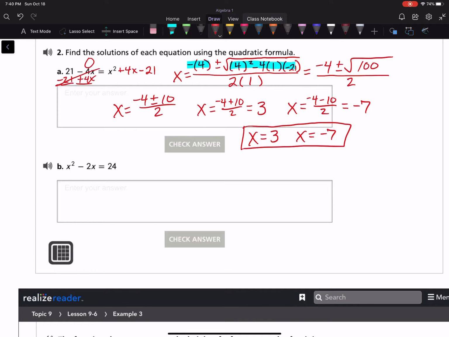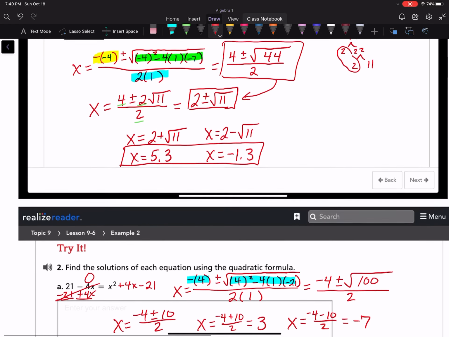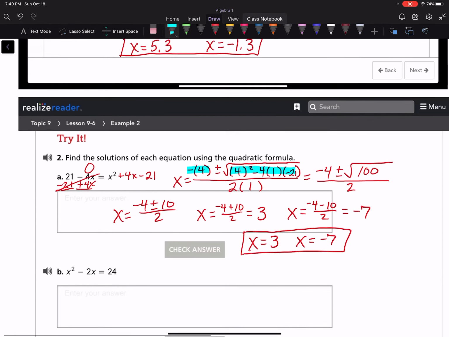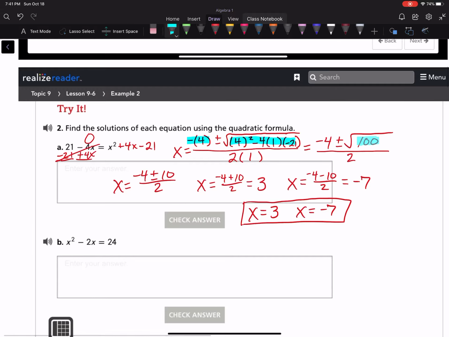So we've done 2 problems so far, and I want you to notice we have had 2 answers both times. Now the reason for this is because the number under the radical is positive, and every time the number under the radical is positive, you will have 2 real solutions, okay?